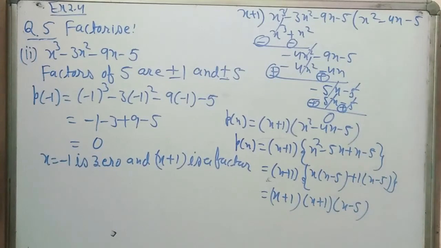That's why in most cases we have to find one of the factors, so that after dividing we are able to convert it into a quadratic, and then we can use the splitting the middle term method.